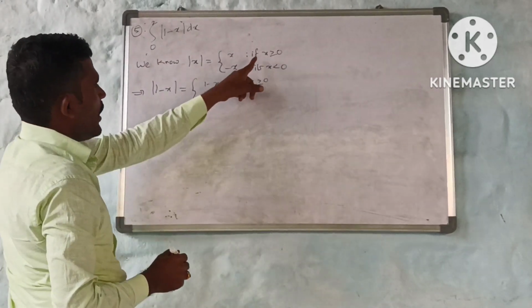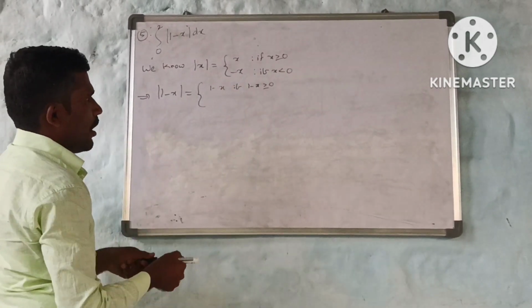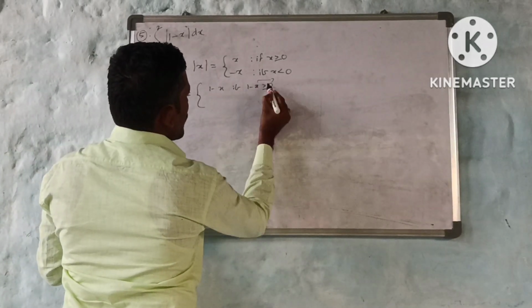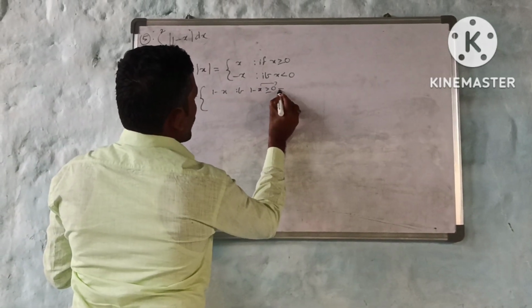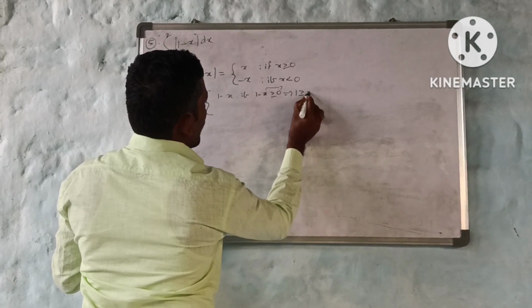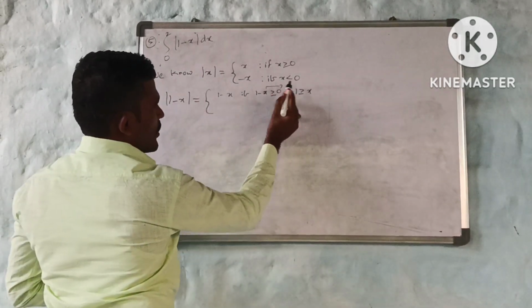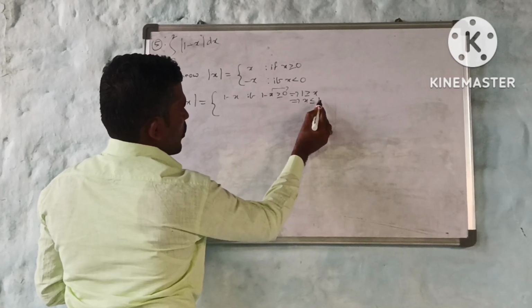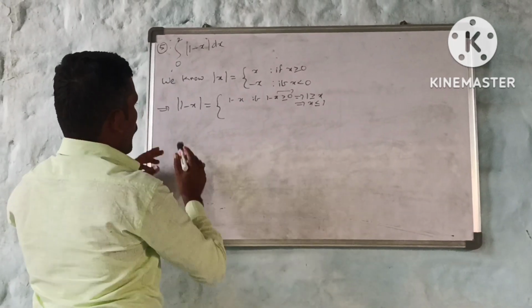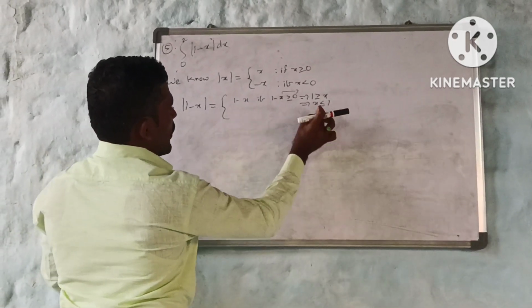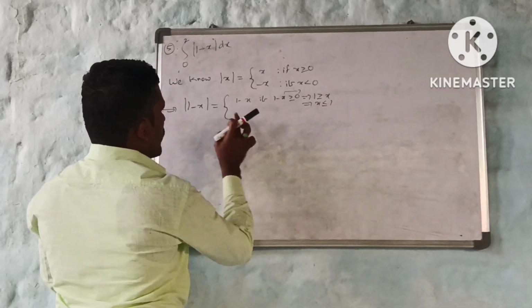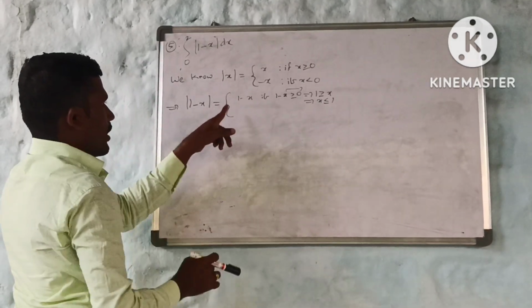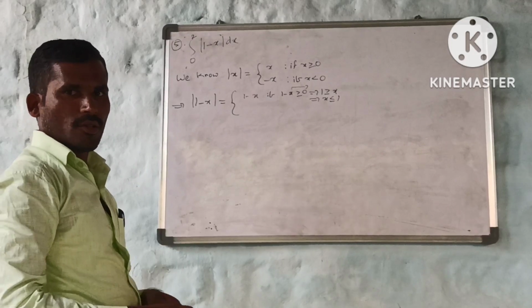With 1 minus x, if we bring this x to the right side, what do we get? Then what we get here is 1 is greater than or equal to x. 1 is greater than or equal to x means x is less than or equal to 1 only. So 1 minus x, whenever x is less than or equal to 1, we take as 1 minus x only.